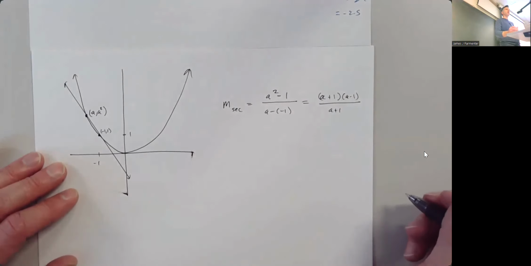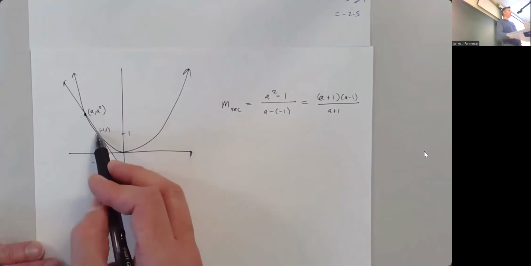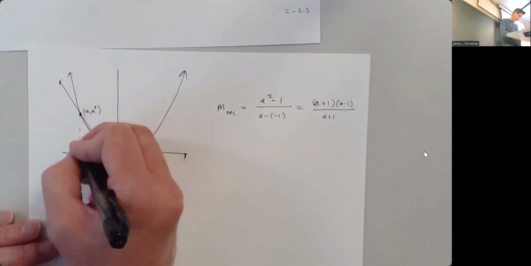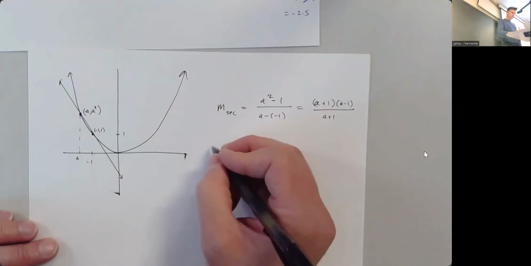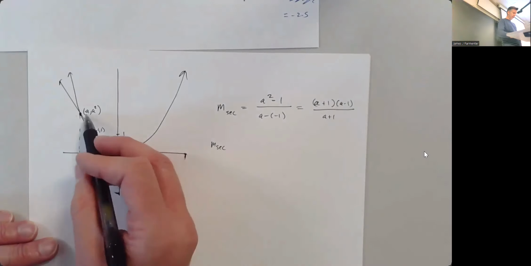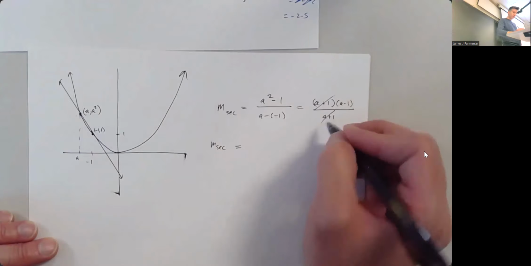Oh, look, I can cancel the A plus 1s, because A, notably, is not negative 1, right? It's a different point than when X is negative 1. It's, whoops, sorry, it's over here. So the secant line going through the point (-1, 1) and (A, A squared) is going to have a slope of A minus 1.